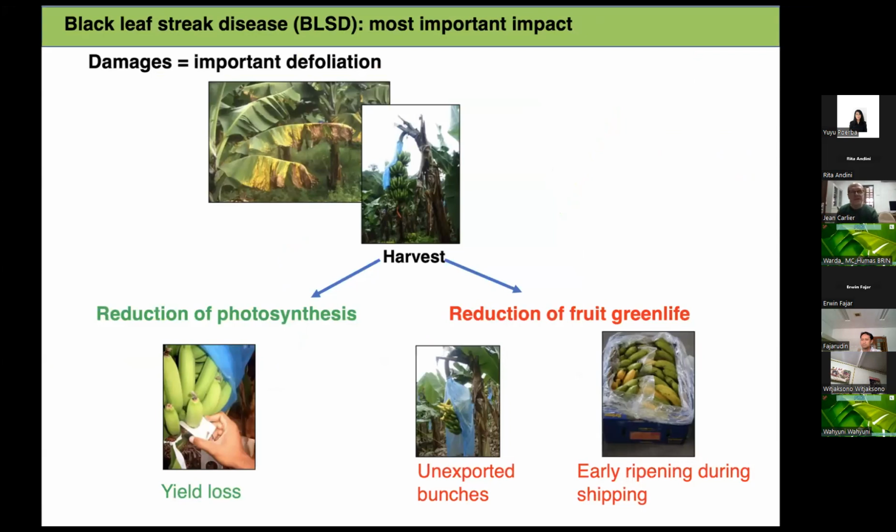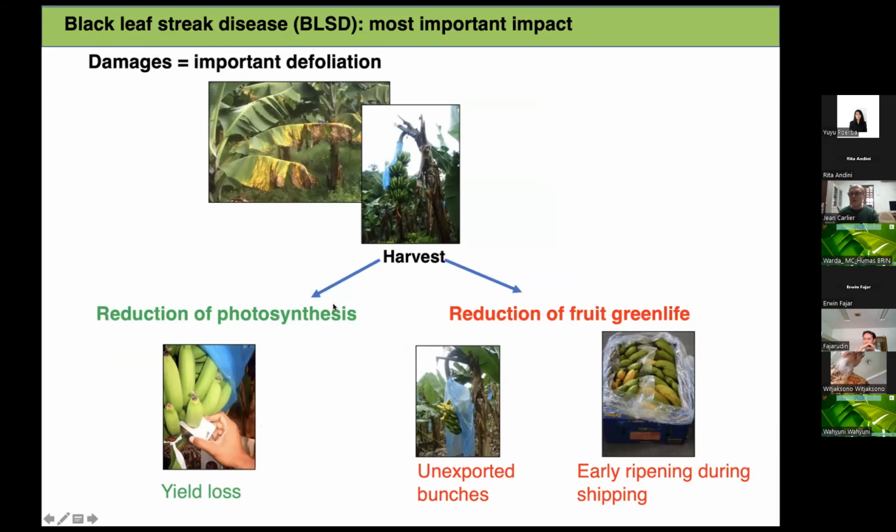So black leaf streak disease is today the most important disease, so I'm going to focus my presentation on this disease. It causes an important defoliation, and this defoliation leads to yield loss following reduction of photosynthesis.